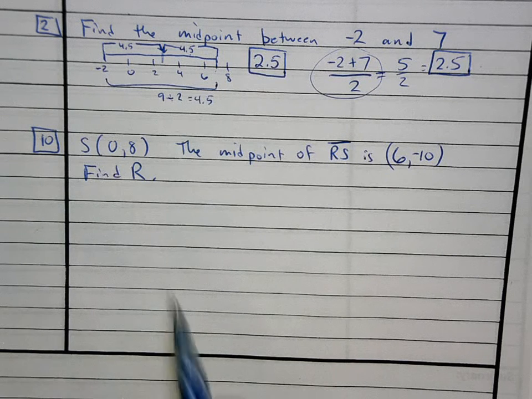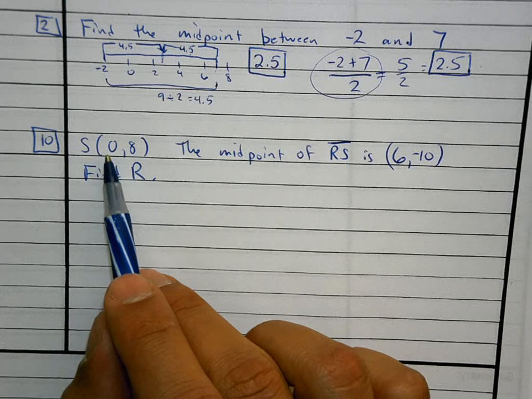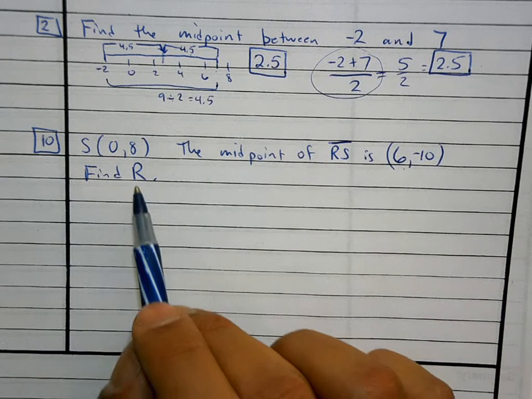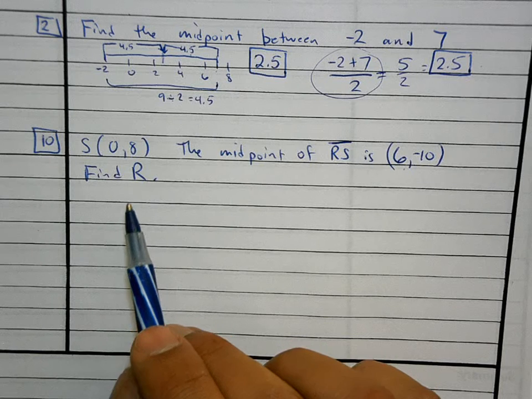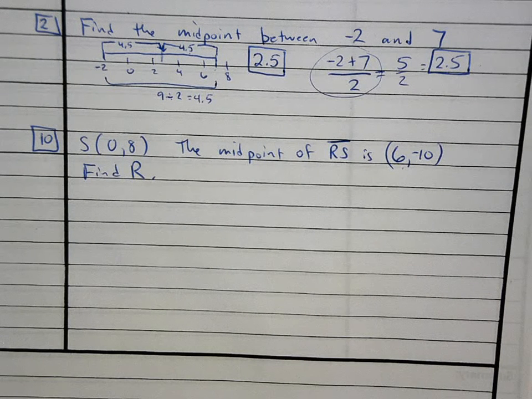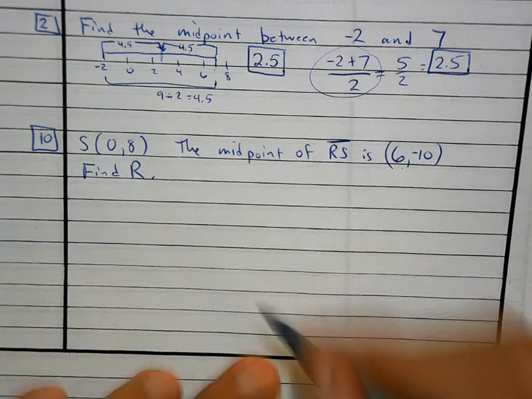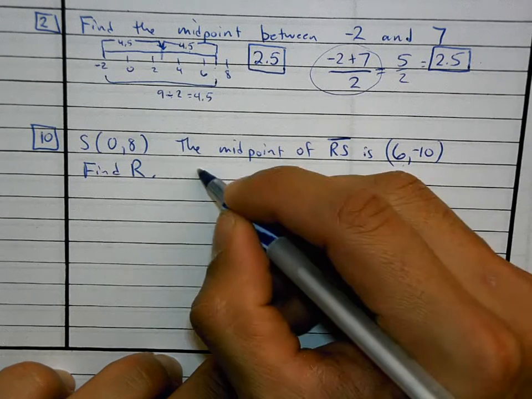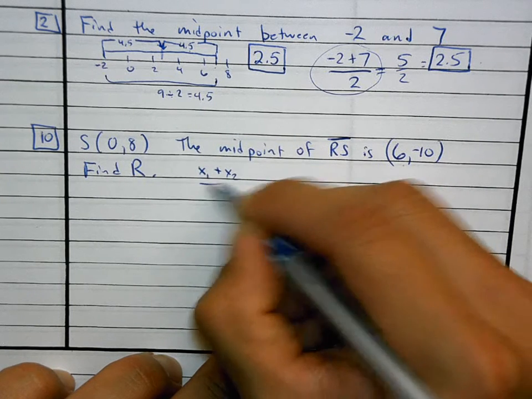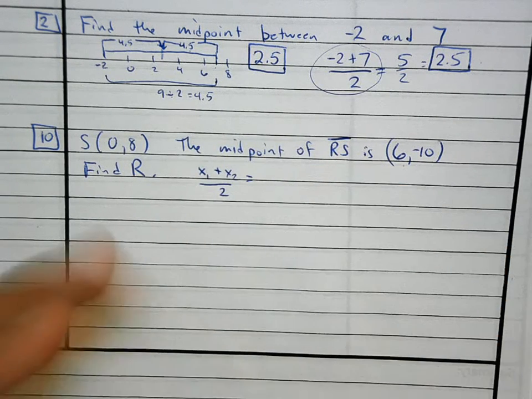So they give you one side, they give you the midpoint, and they say, where's the other side? So in this particular case, you're going to have to work backwards a little bit. Okay? Let's just set up our formula real quick. I know that x1 plus x2 divided by 2 should equal the midpoint, right?